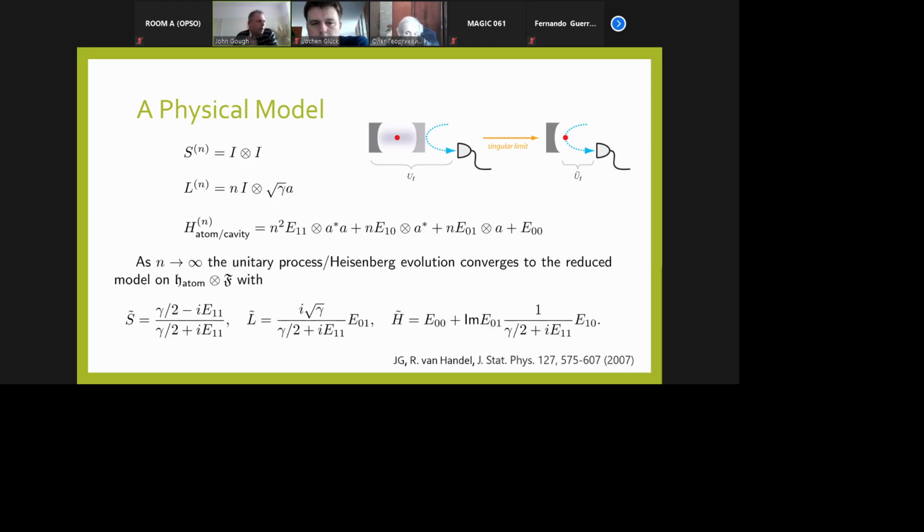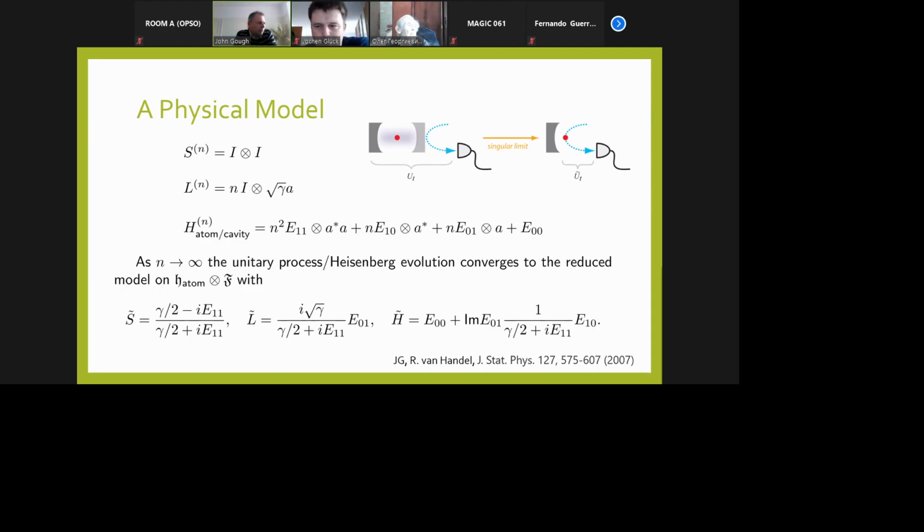So in our paper, what we did was to choose the S, L and H coefficients, so the coefficients of the quantum stochastic differential equation, to be as follows. So n is going to be the large parameter here. So gamma basically scales as n squared.